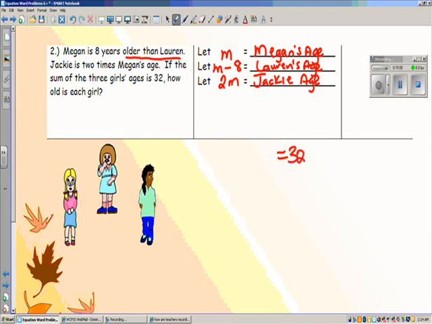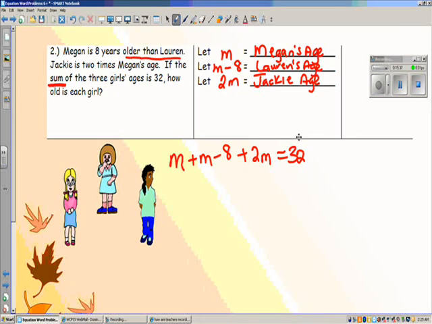So I'm going to go ahead and set my right side of the equation equal to 32. All of their ages together equal 32. So if we're finding the sum of their ages, we're going to take each one of their ages and add them together. That's Megan's age, M, plus Lauren's age, M minus 8, plus Jackie's age, 2M, together would equal 32.